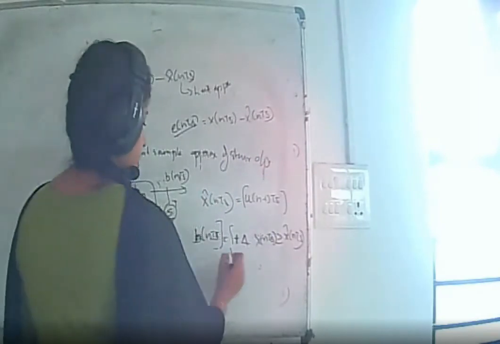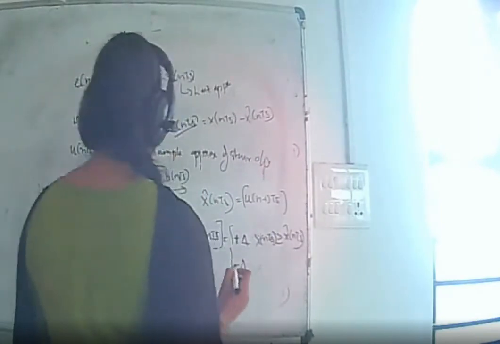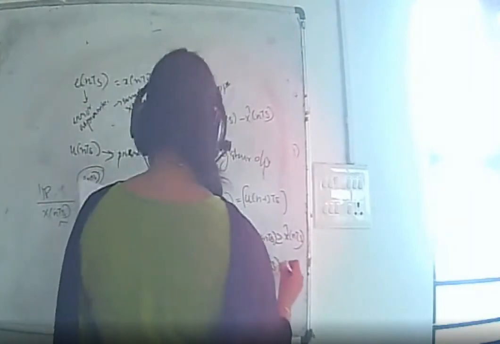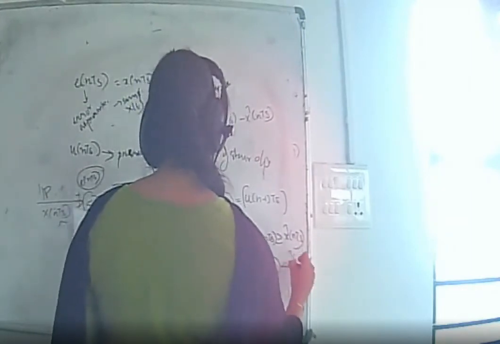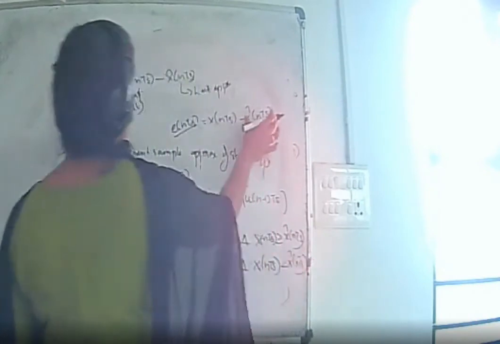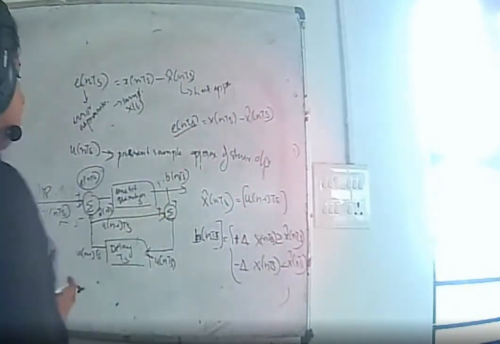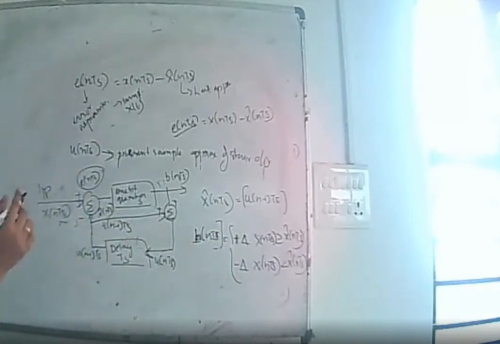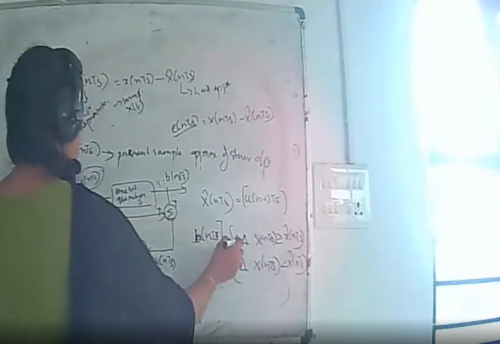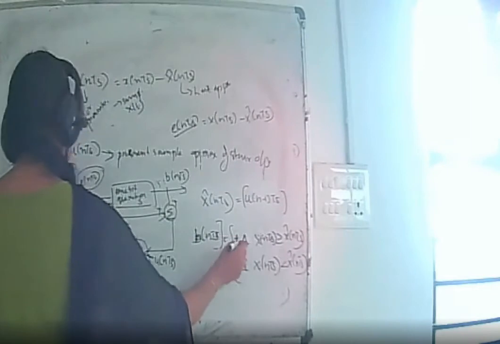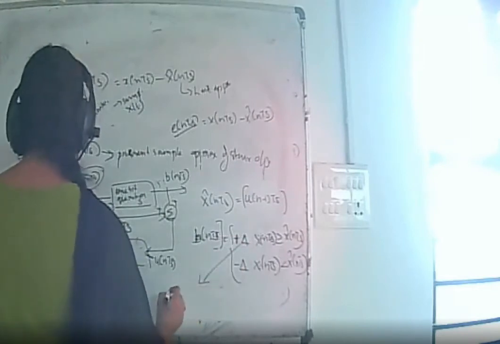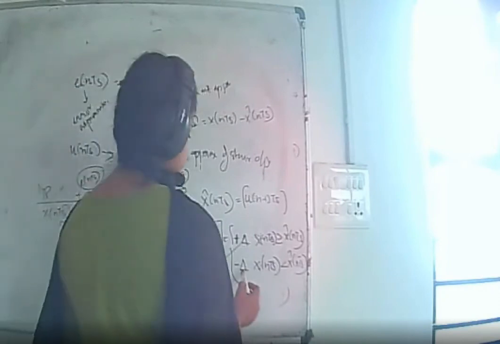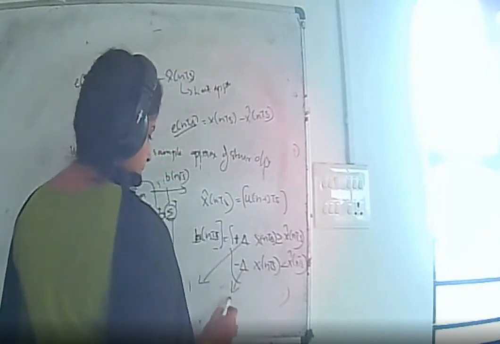And b of nTs will be negative, minus delta, if x of nTs is less than x cap of nTs. So if b of nTs takes plus delta, it will transmit a binary 1, and if b of nTs takes minus delta, it will transmit 0.